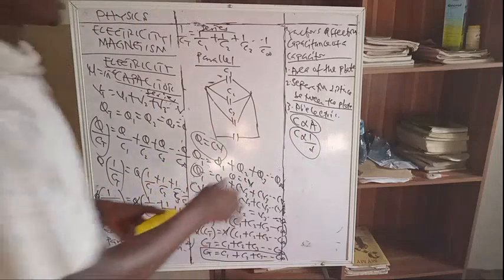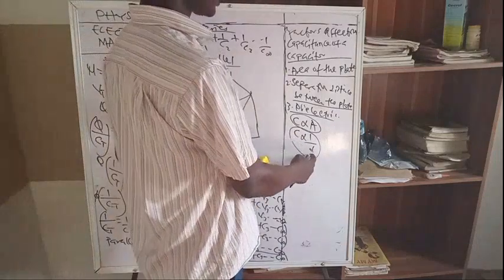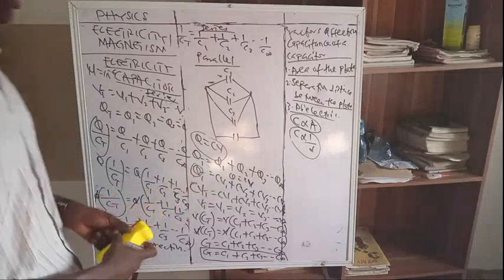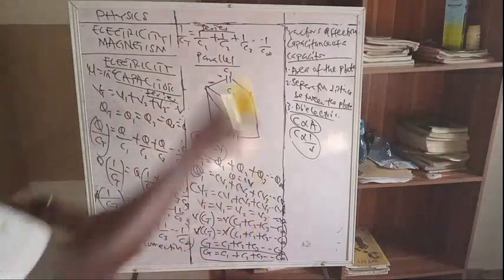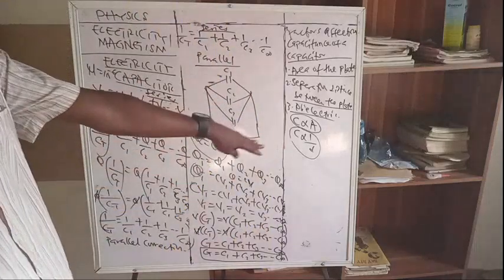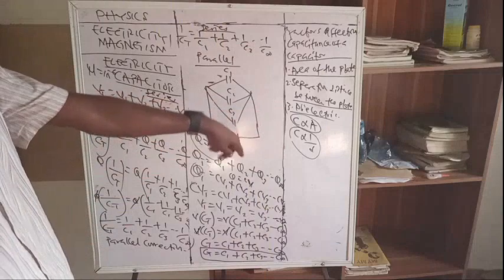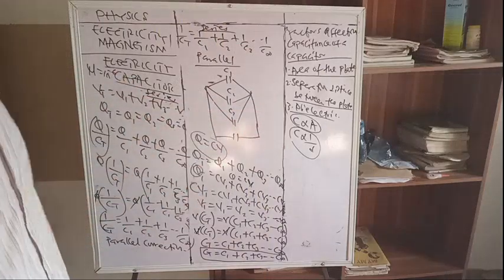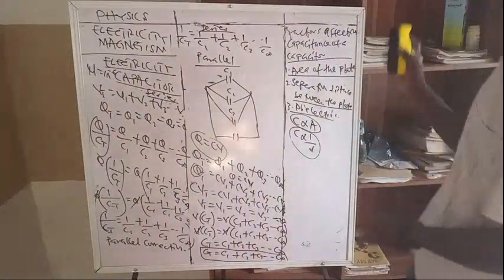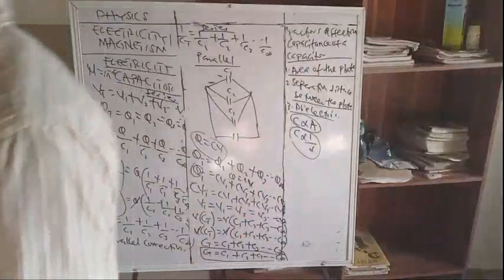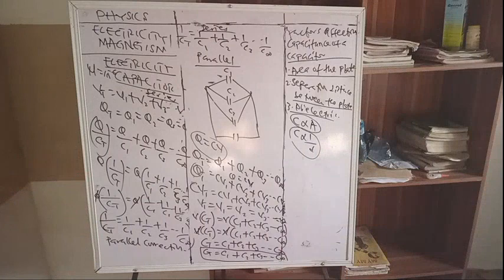It suggests that as capacitance is increasing, distance is decreasing, or as capacitance is decreasing, distance is increasing. So for the first, C proportional to A, both increase together, while for the second, when one is increasing, the other is decreasing. That is basically what it is.